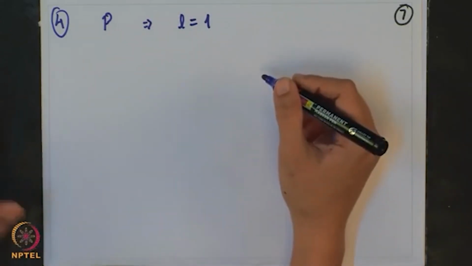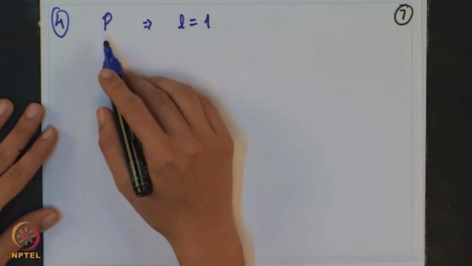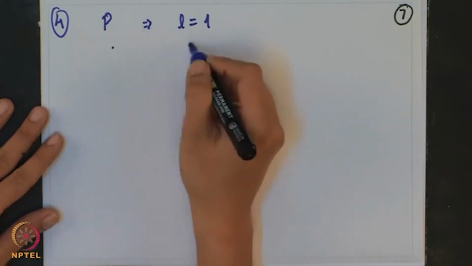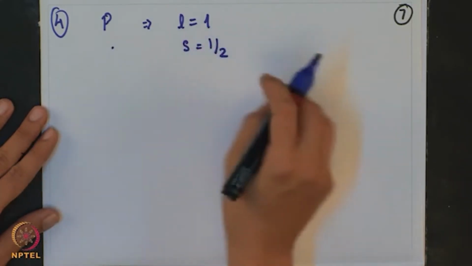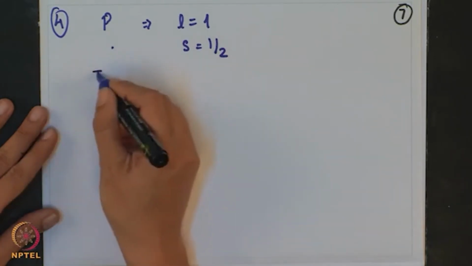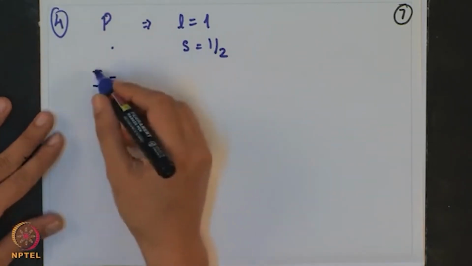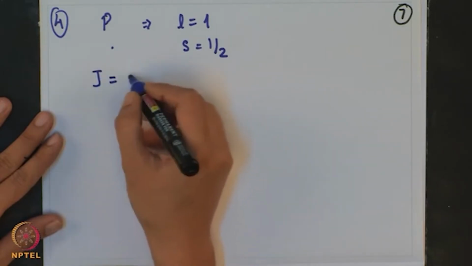S state we have seen L is equal to 0, p state L is equal to 1, S is equal to half. So, when we are doing the addition of angular momentum and spin, the orbital angular momentum plus spin will give me the total angular momentum.